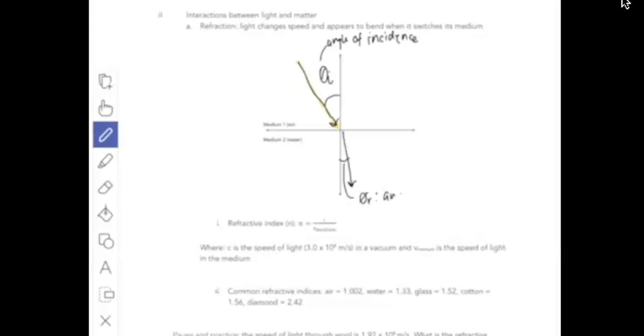This slowdown causes the light to bend toward the normal, at an angle that is smaller than the angle of incidence. The light bends into the medium, away from our eye line. The angle that the light travels at in the new medium is called the angle of refraction, and this phenomenon is called refraction.